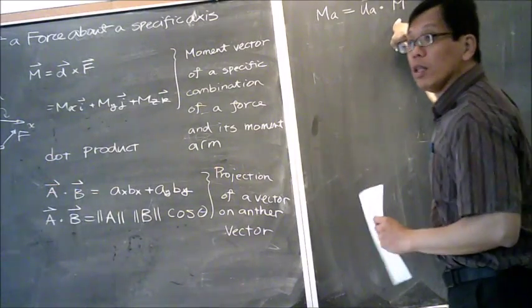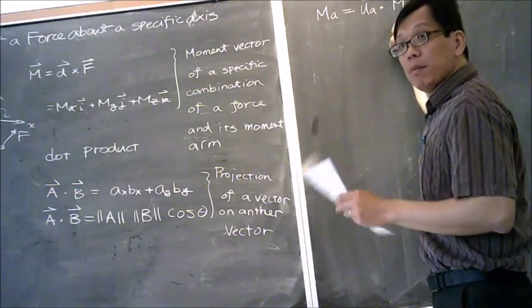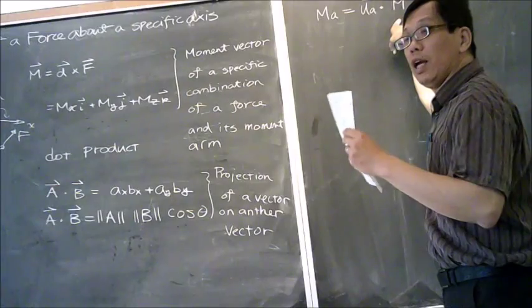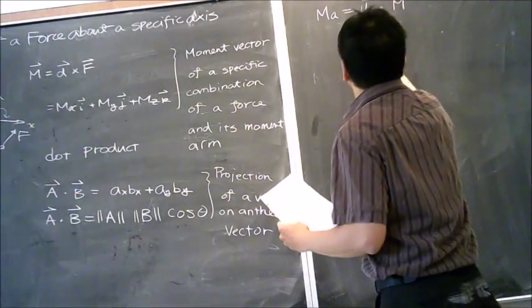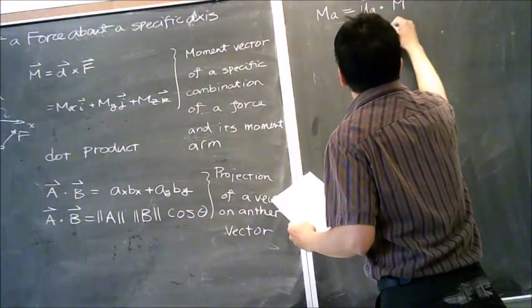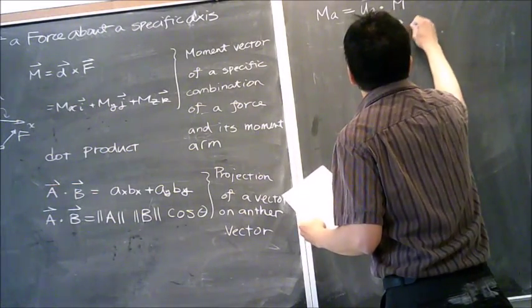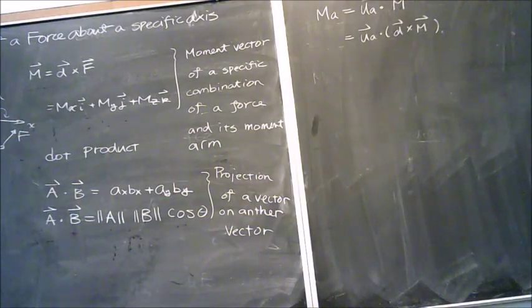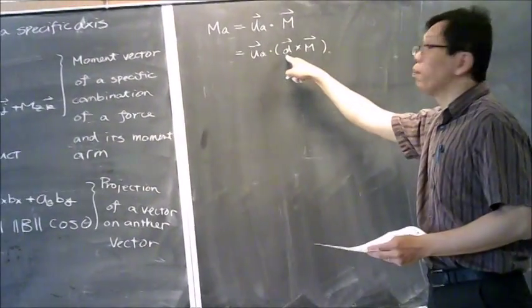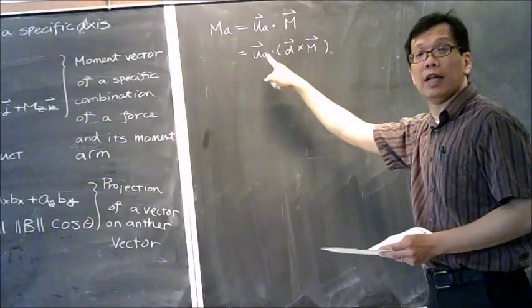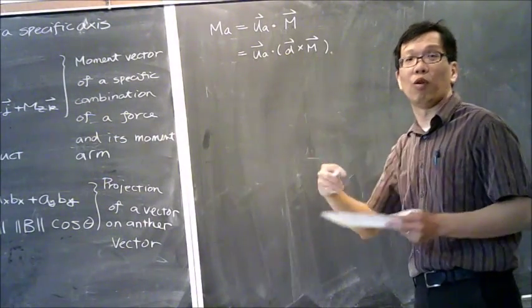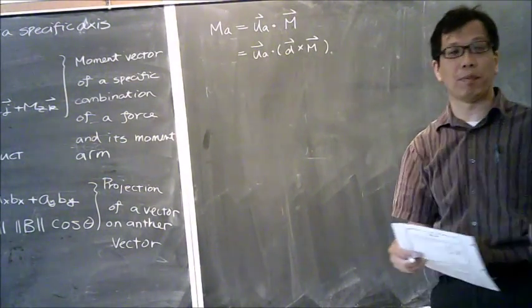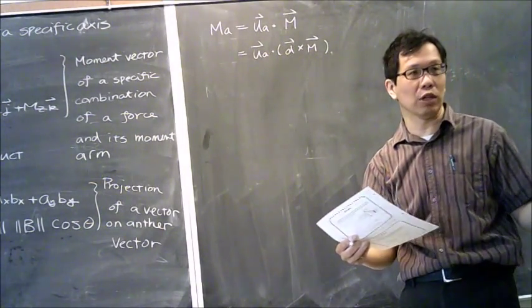But this one is given in your problem statement. You only know the direction and the force, which means it becomes something like this. So you probably need to calculate this first, then do this. I wouldn't say it's straightforward, but it's a procedure.